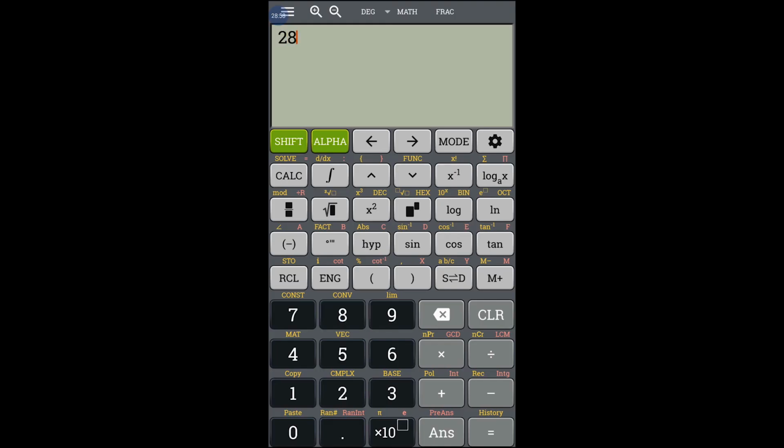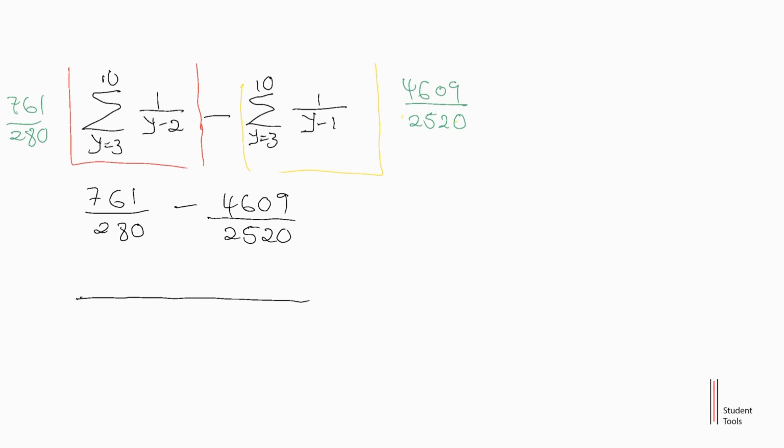So let us find the LCM of this. We have 280 multiplied by 2520, that is equal to 705,600. So our LCM is 705,600. 705,600 divided by 280 is obviously 2520.